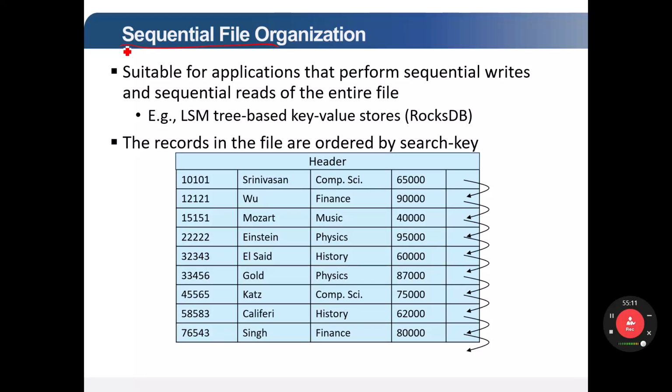This sequential file format is used for applications that perform sequential write and sequential read. A good example is RocksDB, which is a commonly used key value store in cloud systems.